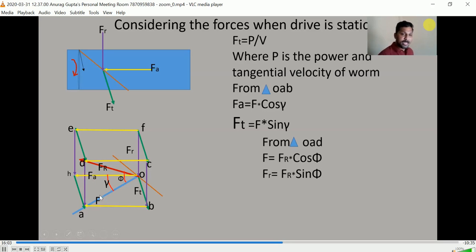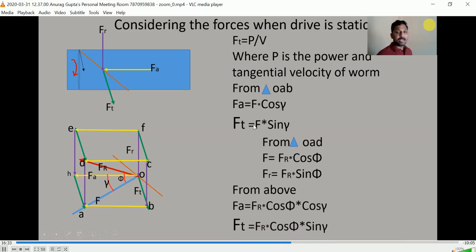And the radial force, that is the purple line, Fr, is equal to the resultant force multiplied by sin phi. In this manner we can find F in terms of the resultant force. If we put the value of F in these two equations, we are able to find FA and FT in terms of the resultant force.